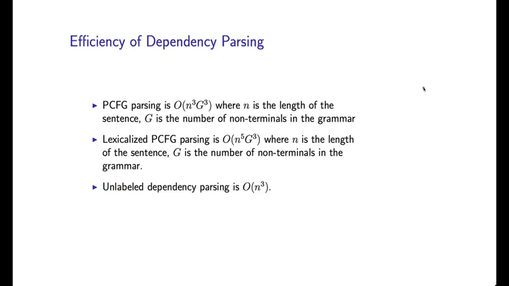So one very interesting property of dependency parsing, and a compelling reason for taking dependency parsing very seriously, is the efficiency with which we can find these dependency parsing structures. So when we looked at probabilistic context-free grammars, we saw this dynamic programming algorithm, the CKY algorithm.